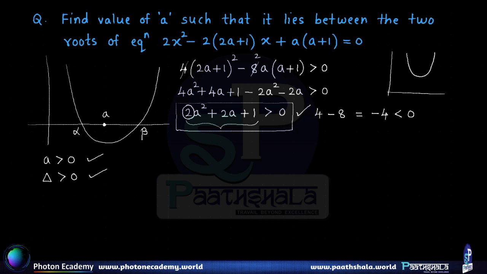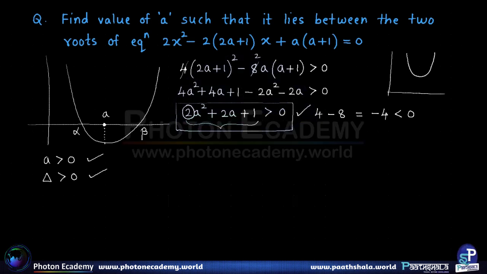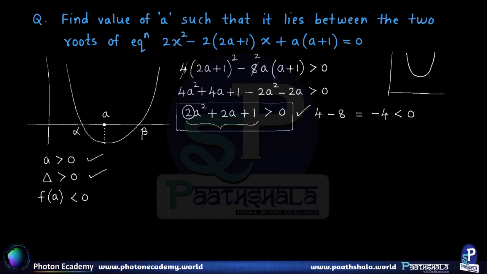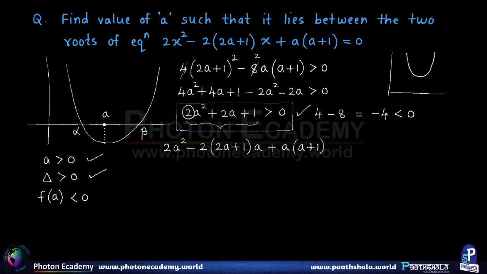Since we have confirmed that delta greater than 0 has been taken care of, now we have another restriction: if we consider the function at the value a, then it should have a negative value. That means we must have f of a to be a negative number. So putting x equal to a in the given expression, we have 2a square minus 2 into 2a plus 1 times a plus a into a plus 1 has to be negative.